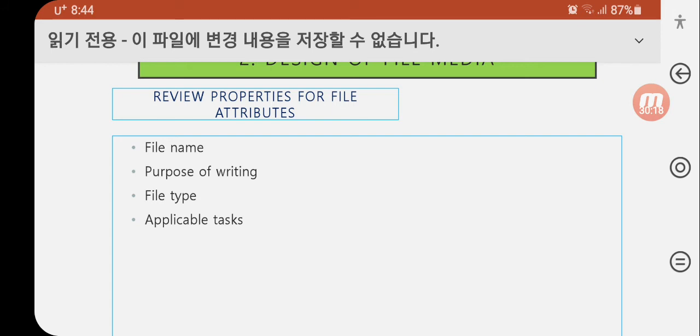File type is necessary to confirm whether the file is a master file or transaction file. Applicable tasks is necessary to decide whether to use the file for a single task or for multiple tasks.